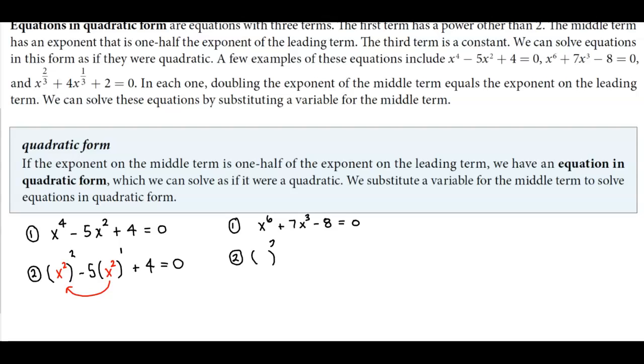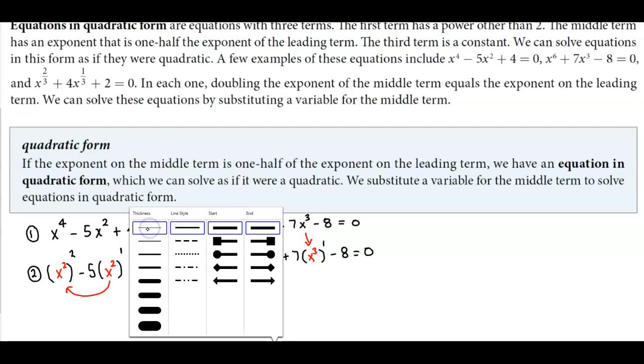So we have something raised to the second power plus 7 times something raised to the first power minus 8, which is equal to 0. So the middle term is what we're always going to put in the parentheses, because x cubed is what we're going to put here, which means x cubed to the second power is x to the 6th.